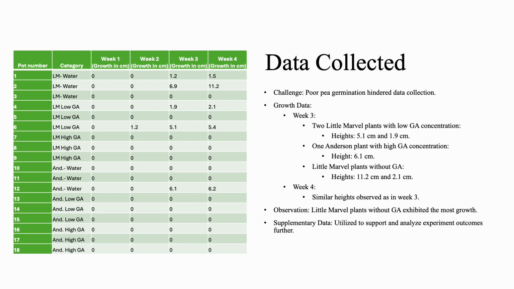The Little Marvel plants without GA showed the most growth, reaching heights of 11.2 centimeters and 2.1 centimeters, and similar heights were observed in week 4. So we had to use supplementary data to support us and further analyze our experiment outcomes.